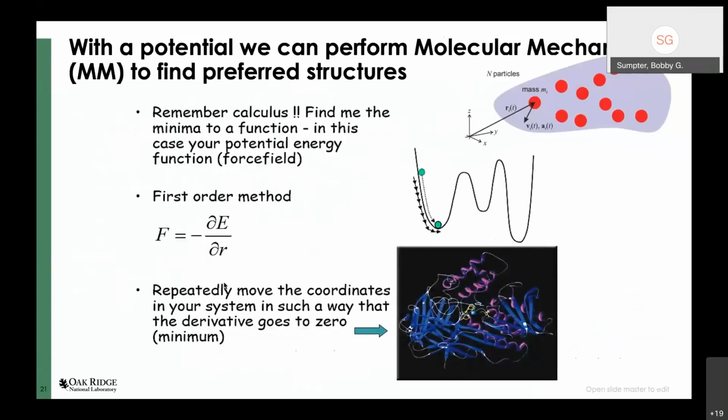Once you have the potential defined, which you can do pretty easily, or you can select a potential from the available potentials, you can do a number of things. You don't have to immediately solve Newton's equation of motion. You can just solve for the minimum. If you remember from calculus, if you set the derivative of the function to zero, you find the minimum.